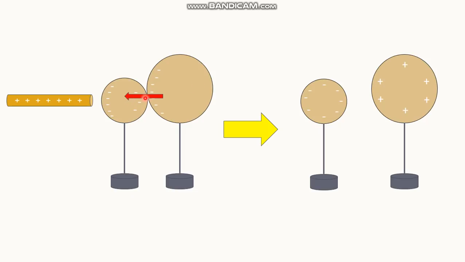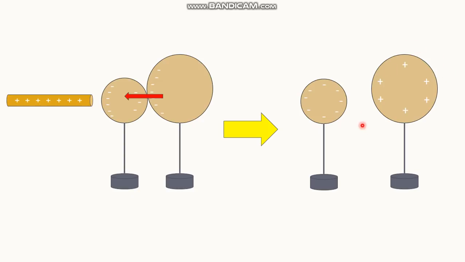So if you move sphere B away afterwards, it will leave sphere A with a net negative charge and sphere B with a net positive charge.